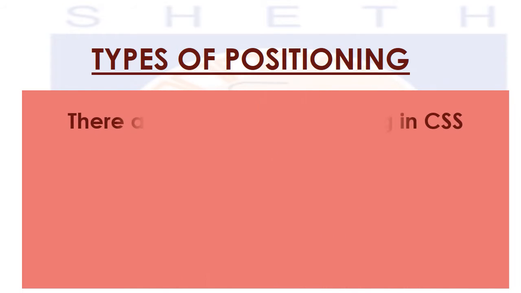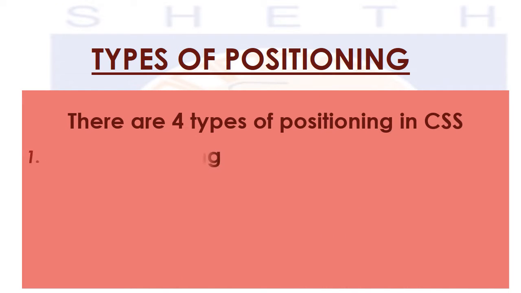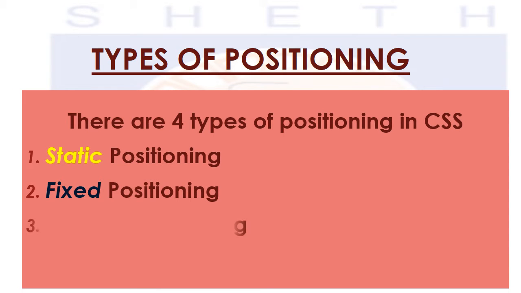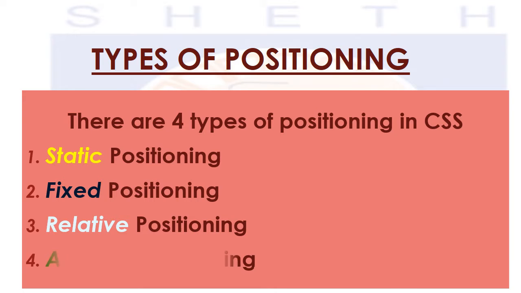In this types of positioning, you can see there are four types: static positioning, fixed positioning, relative positioning and the last one is absolute positioning. So these are the four types of positioning in CSS. As I said earlier, we had two types in the earlier versions, that is relative and absolute positioning.